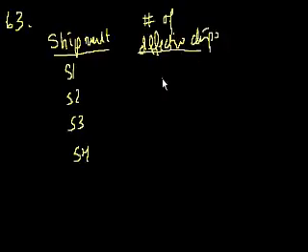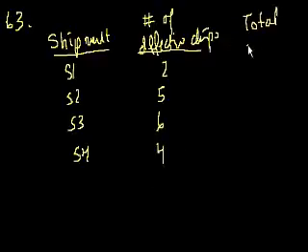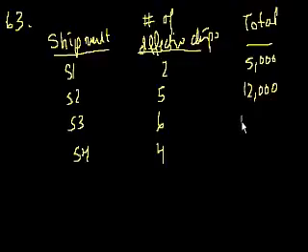I know you can't read my handwriting. 2, 5, 6, and 4. And then the total number of chips in each shipment is 5,000, 5,000, 12,000, 18,000, and 16,000.